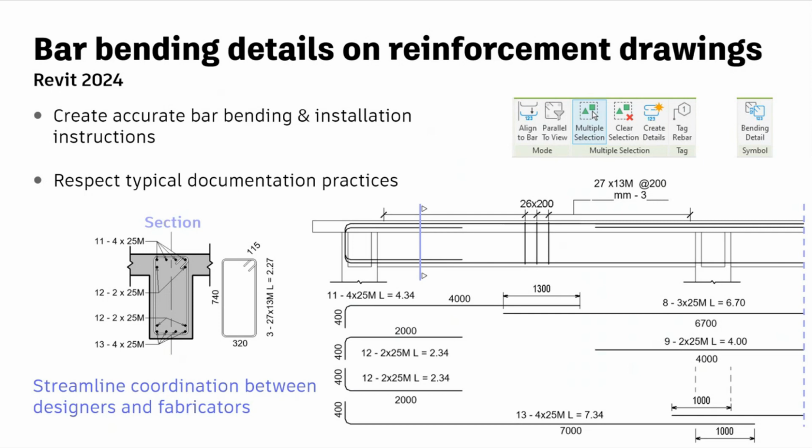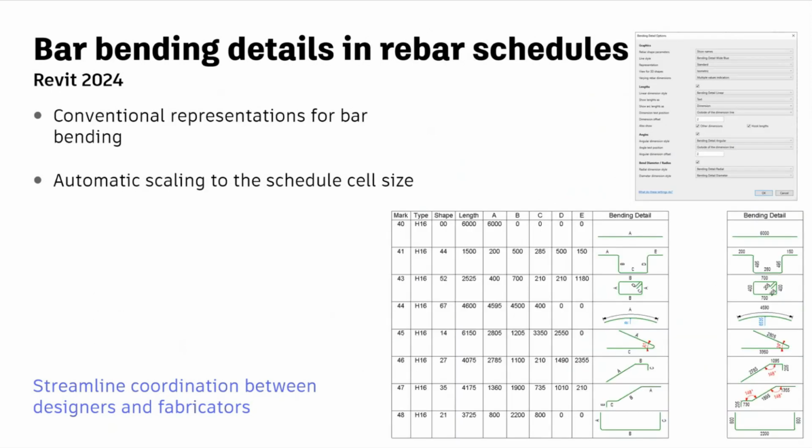This new feature is going to streamline the coordination between the designers and the fabricators by improving the clarity of the shop drawings in Revit. And you can now create clear fabrication instructions by adding bar bending schedules, which include the shape bending details that accurately represent the geometry of the bars.